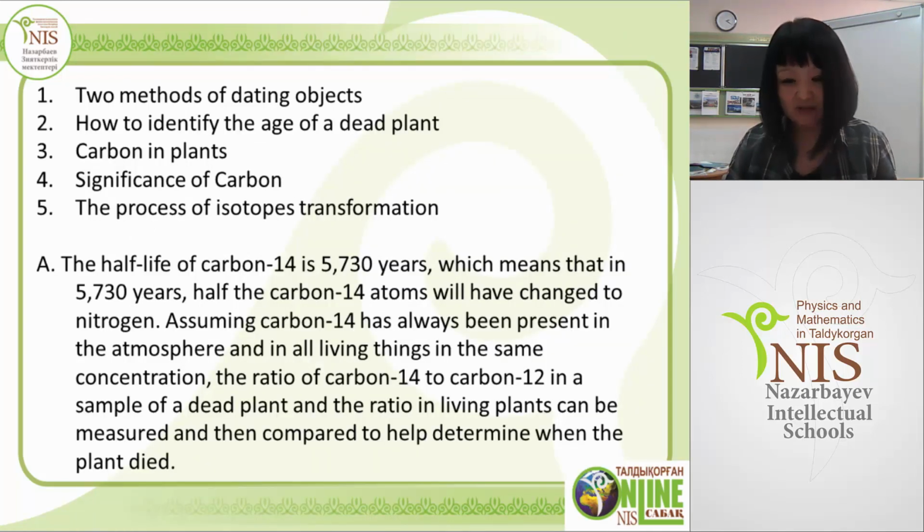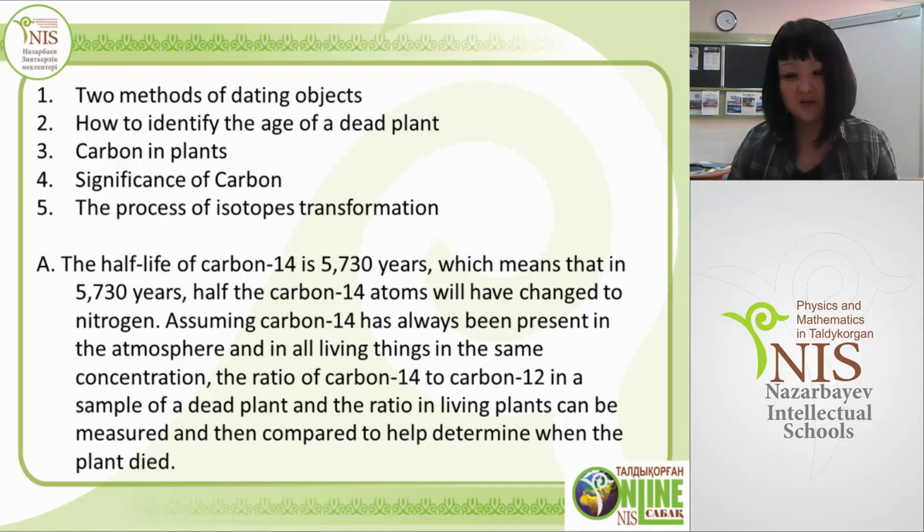So, the first paragraph, A. Let's read the first sentence. The half-life of carbon-14 is 5,730 years, which means that in 5,730 years, half the carbon-14 atoms will have changed to nitrogen.